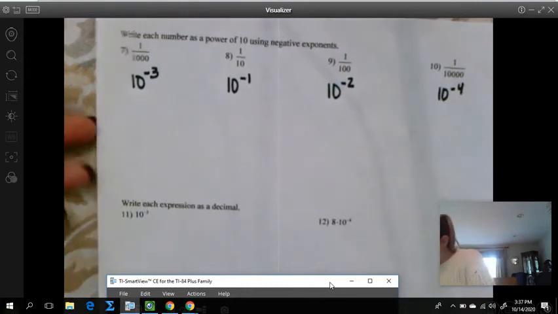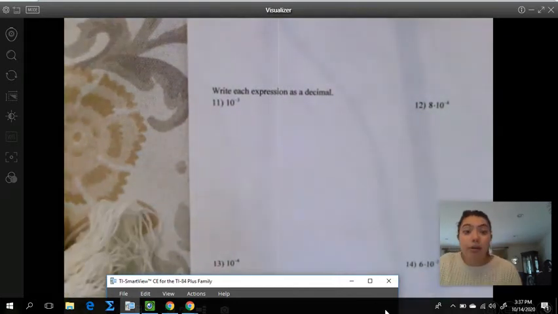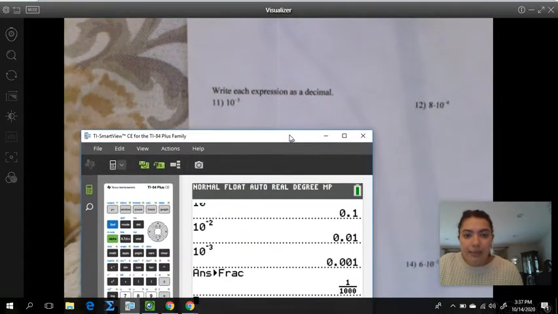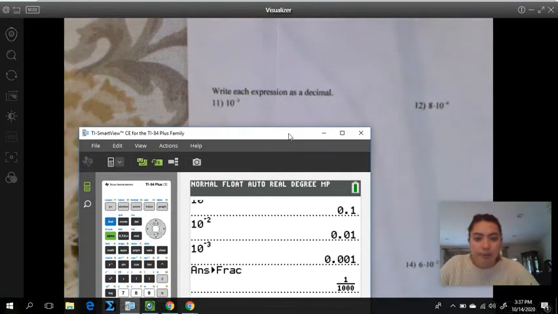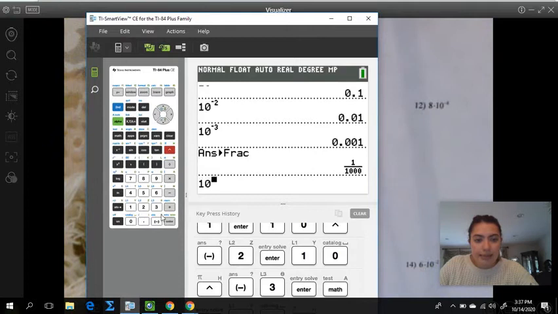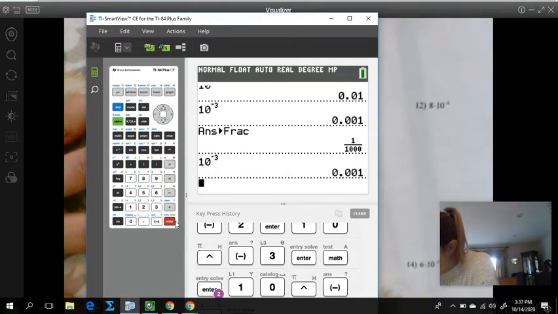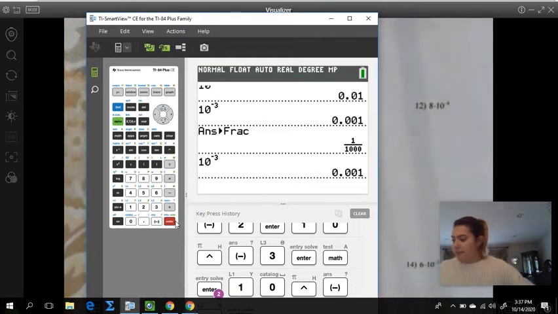And then if we want to write each expression as a decimal, this is where we can use our graphing calculator. If we want 10 to the negative third power, we type that in our calculator, 10 raised to the negative third power, which gives us 0.001.